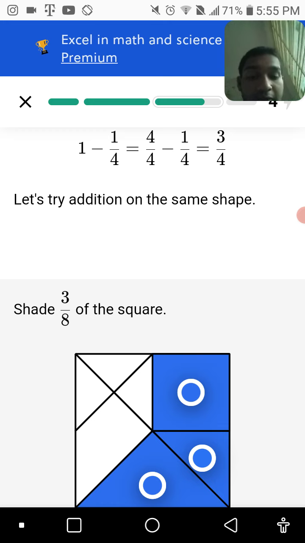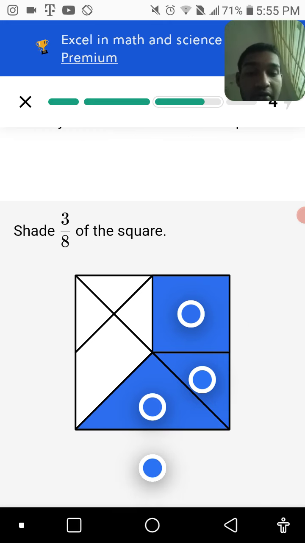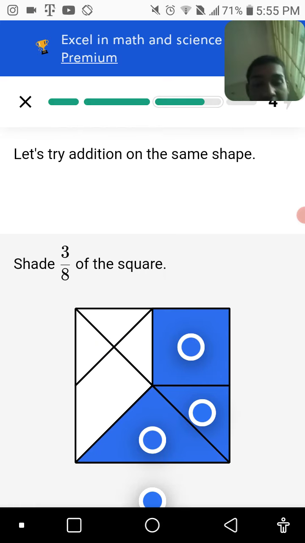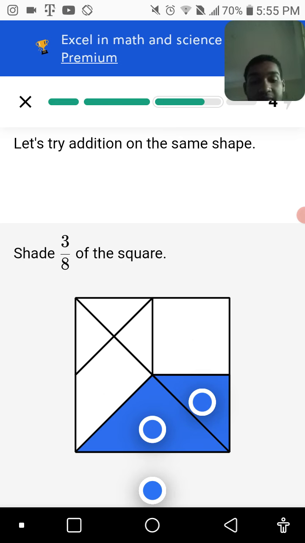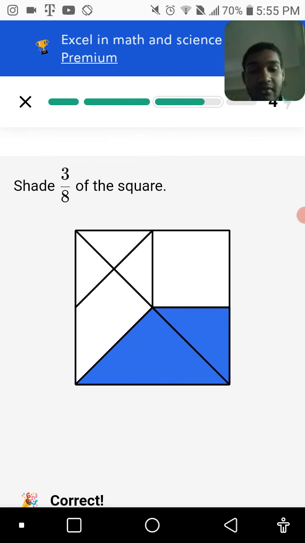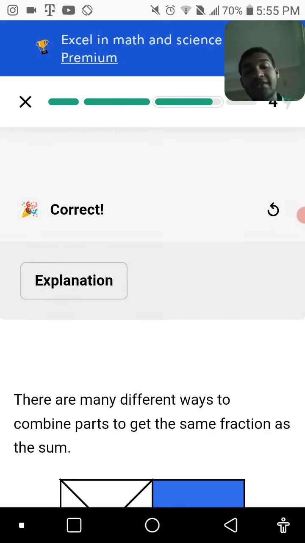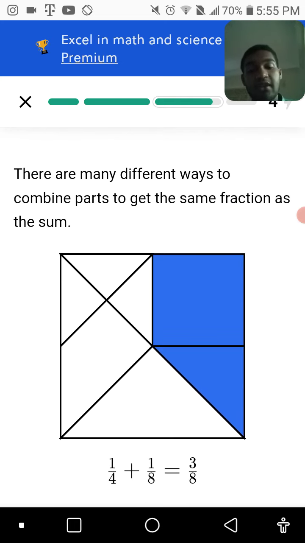This will be the 4 part, and if we go to this cross one, then that will be 8 parts. So 3 by 8 would be something like this. Maybe, let's see. Man, right now got it correct. That was pain.